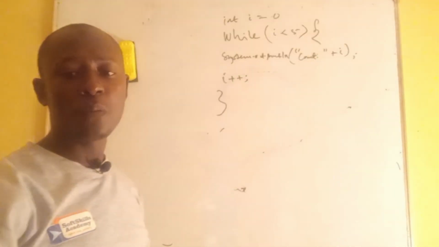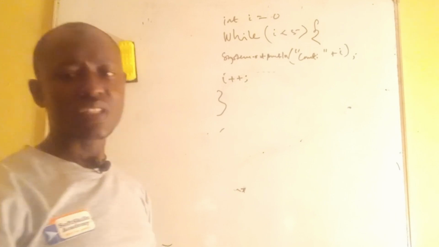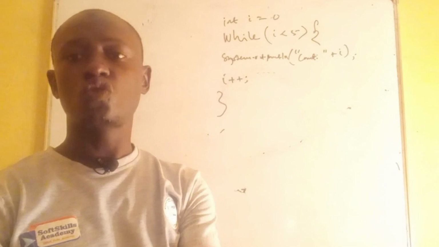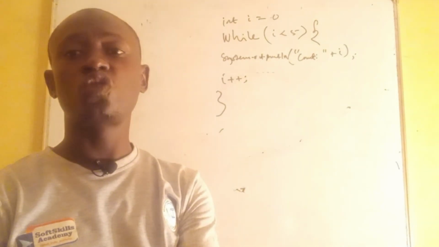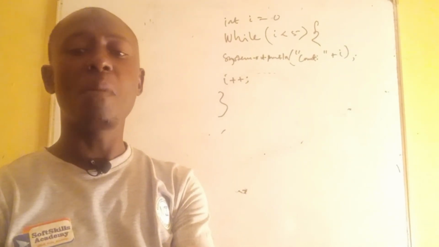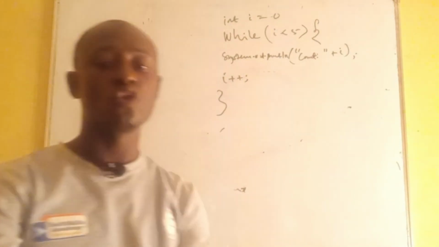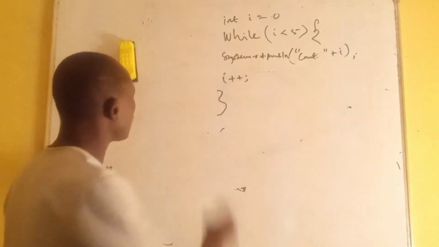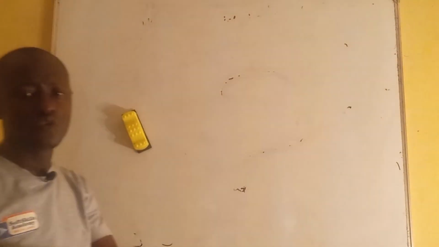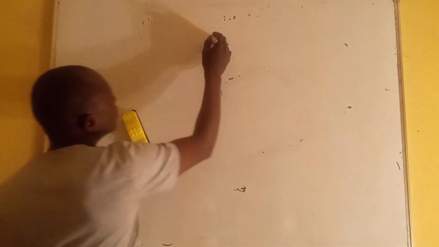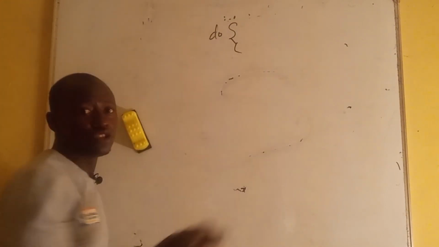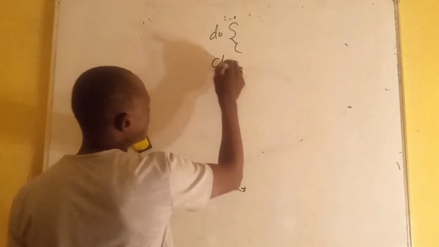The next one is the do while loop. In a do while loop, our program executes a block of code at least once. So no matter what, that block of code will be executed once. Looking at the syntax of the do while loop, we have do, then the statement.